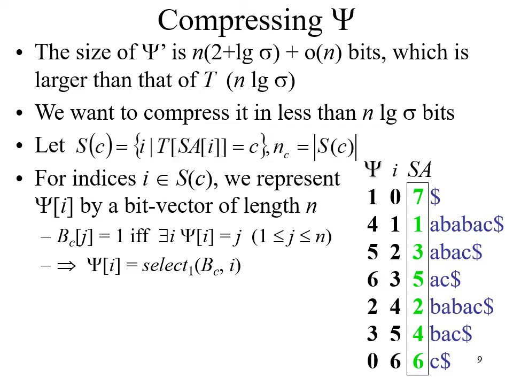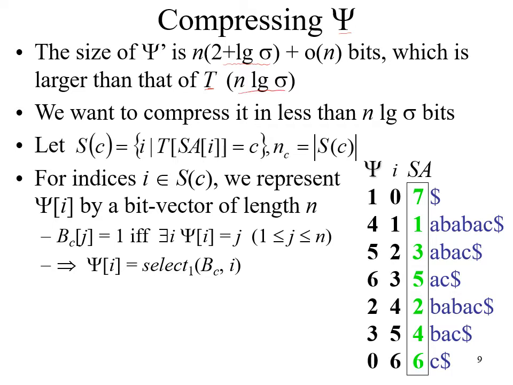Next, we consider the compressed psi. So the size of psi prime is n times 2 plus log sigma plus little o n bits. Okay. So this is greater than t, the string, because t just uses n log sigma bits.